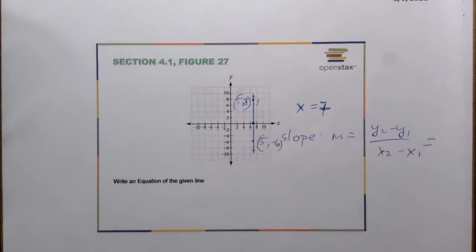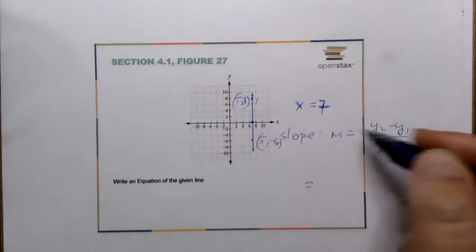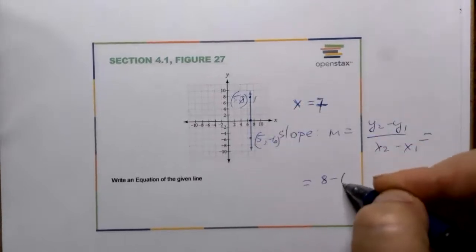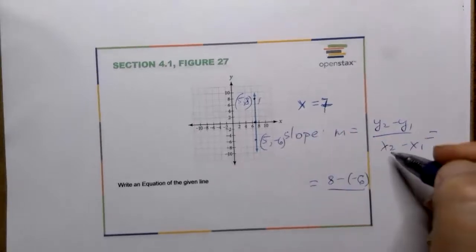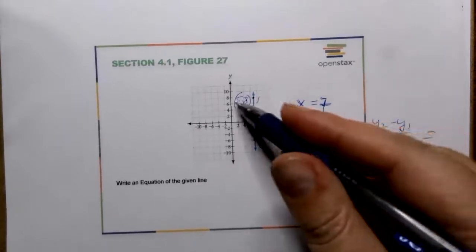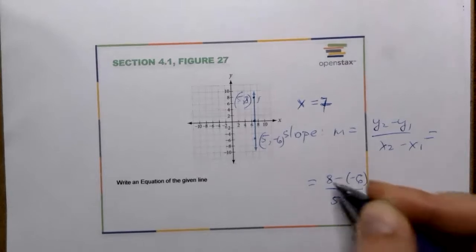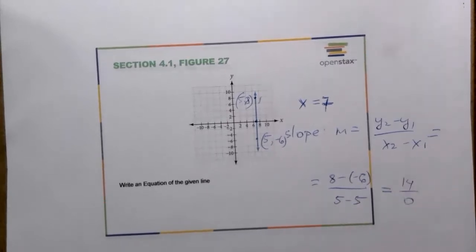Let's say we used those points to calculate the slope. So y2 is 8 minus -6. And on the bottom we have x2 minus x1, but look, they're the same. So we have 5 minus 5, and that gives me 14 over 0.